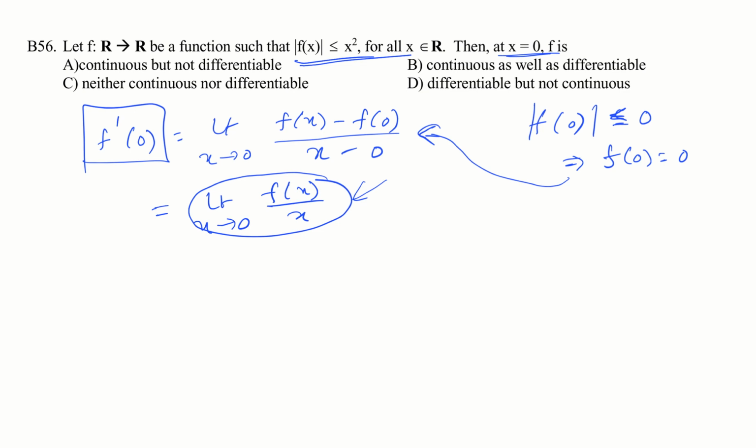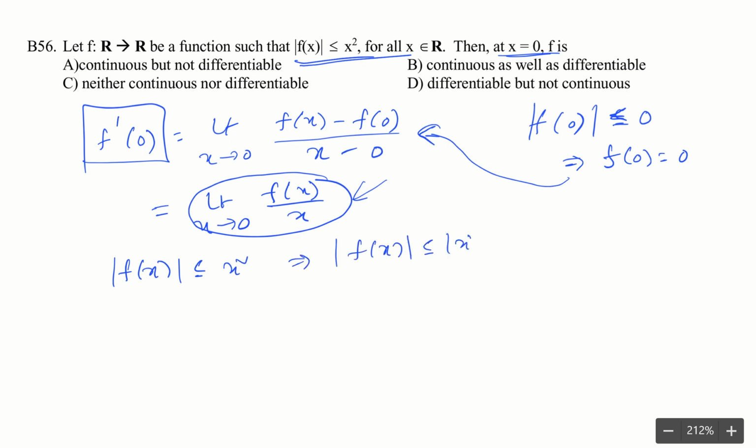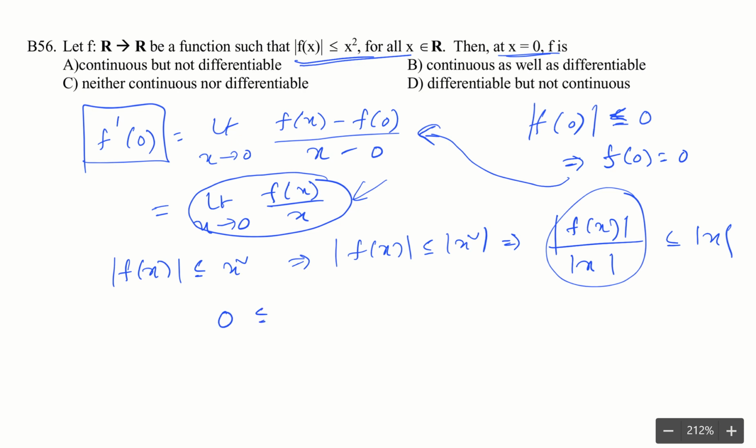Now I want you to observe that from mod f of x less than or equal to x square, I can write mod f of x less than or equal to mod x square, or I have mod f of x by mod x less than or equal to mod x. And we know that this part is obviously greater than or equal to 0. So I have 0 less than or equal to mod of f of x by x less than or equal to mod x.